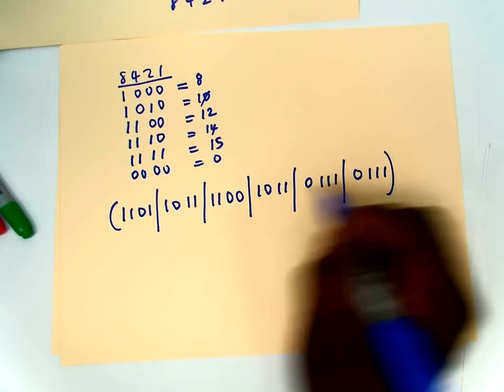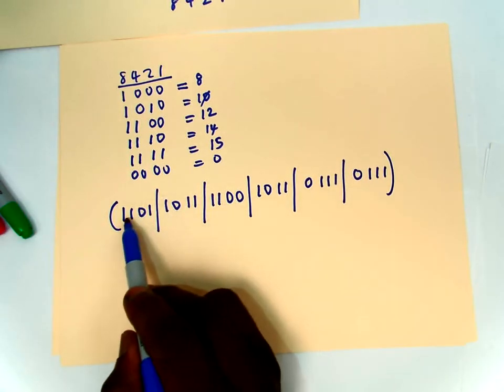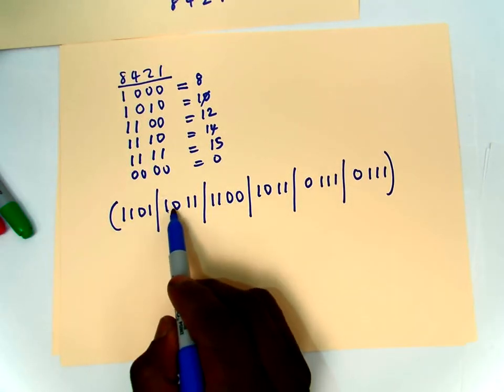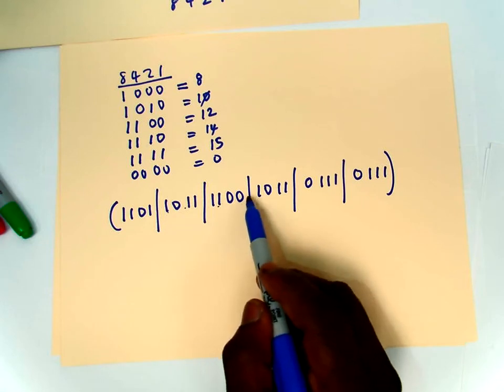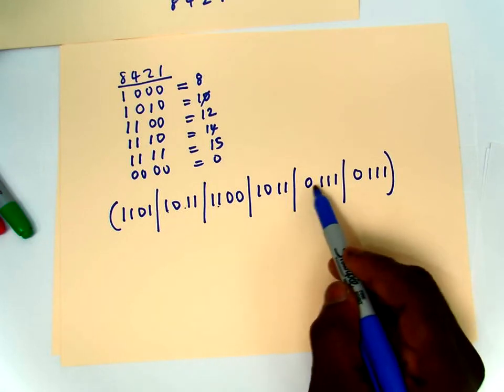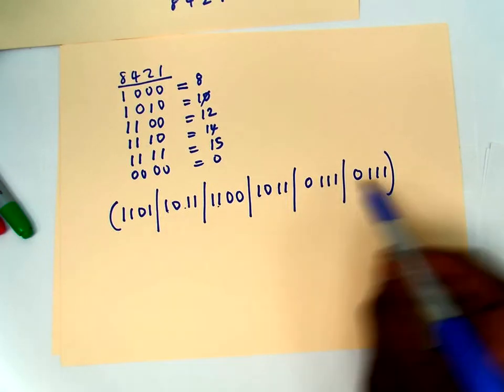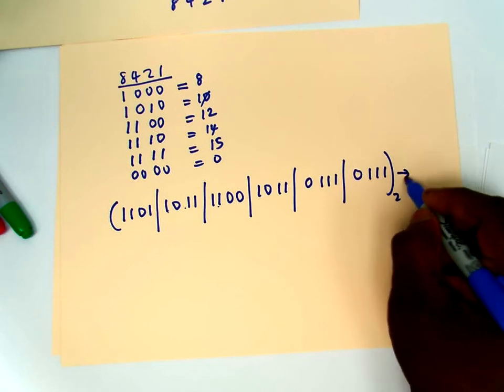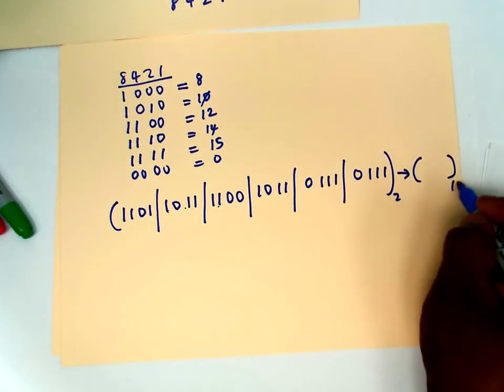You see, this is the number. Let me check again: 1101, 1011, 1100, 1011, 0111. Okay, this is the original number I gave you that we are trying to take to hexadecimal.